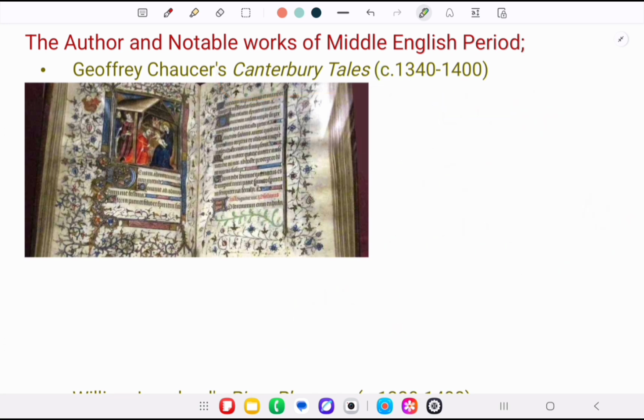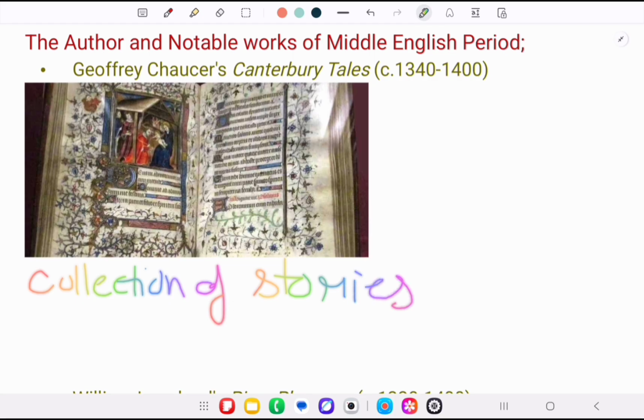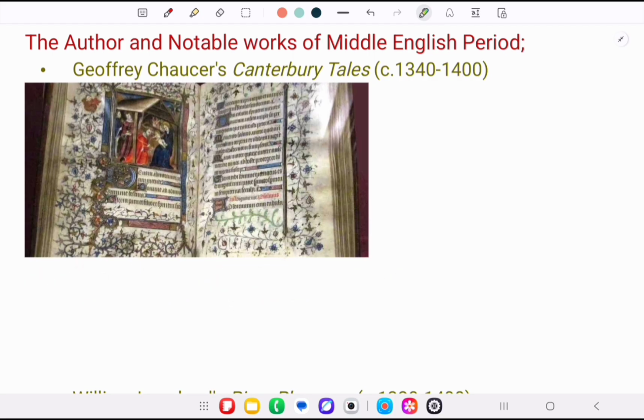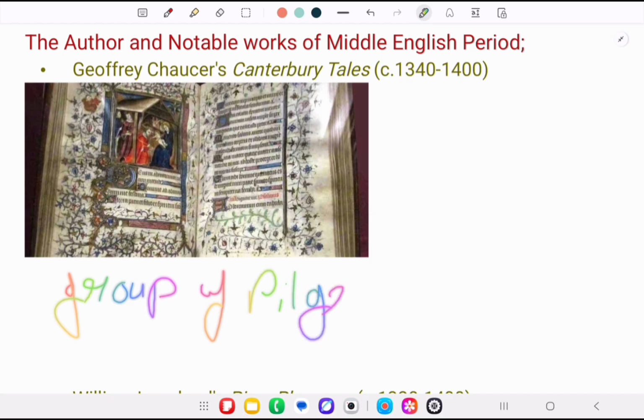It's a collection of stories which is told by a group of pilgrims.